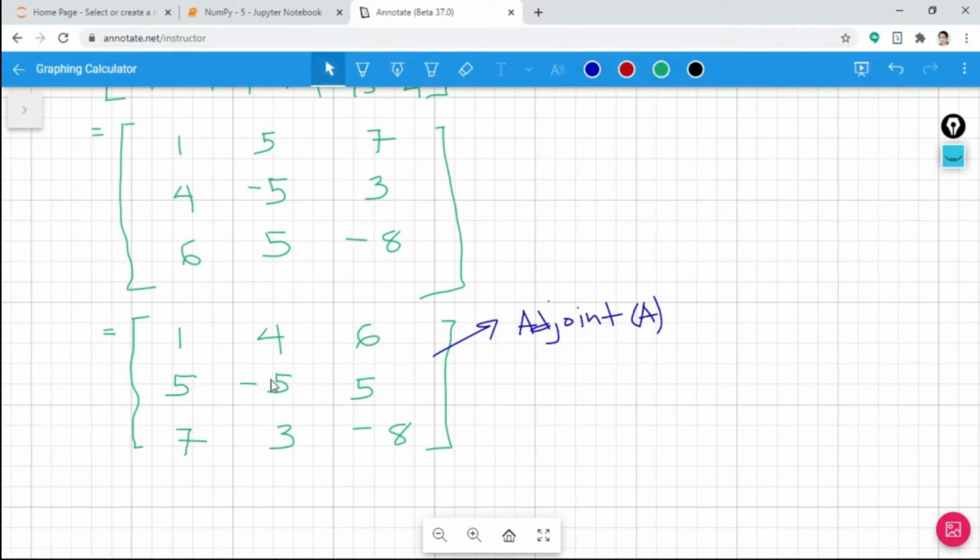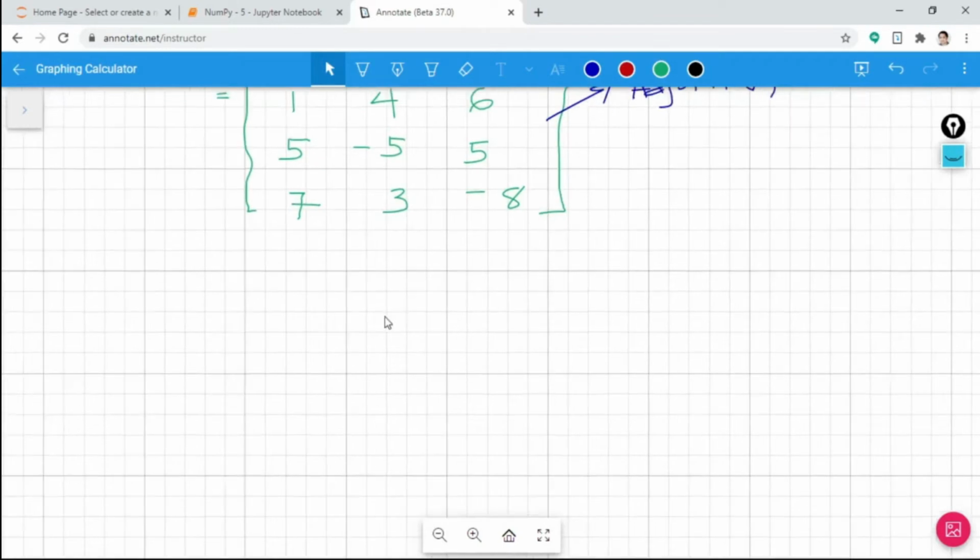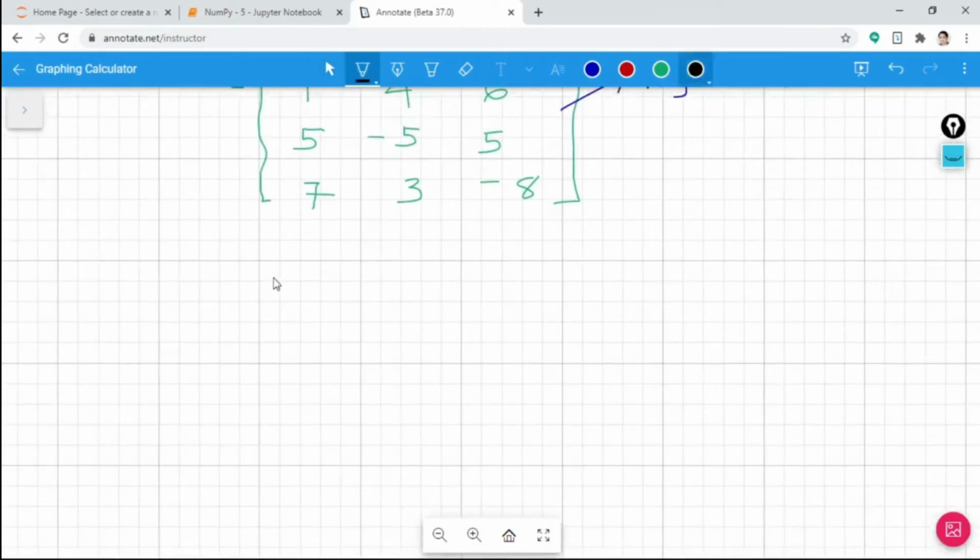In order to find the inverse of the matrix, remember our formula.